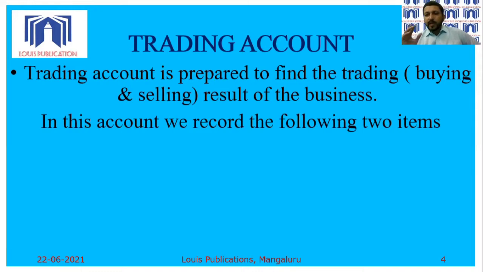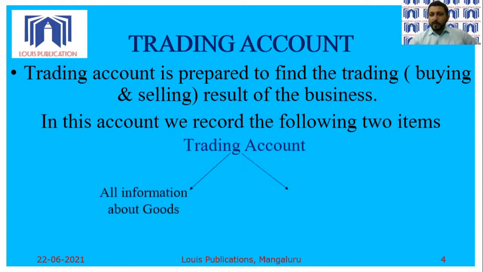As far as the trading account is concerned, let's keep it very simple. We record only two items. The first item is all information relating to goods. As we have learned in accounting basics, we don't prepare a goods account.